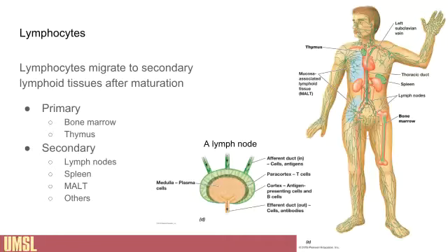Whereas concentrating these interactive events between cells in contained areas increases the probability of seeing things with your adaptive immune system more efficiently.